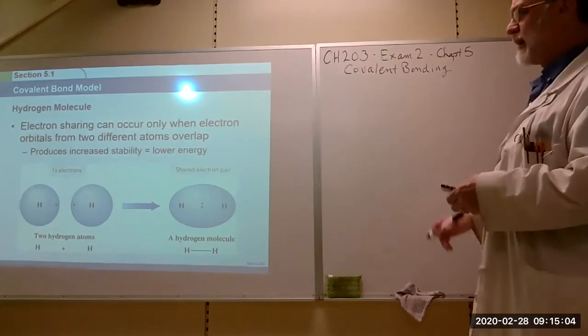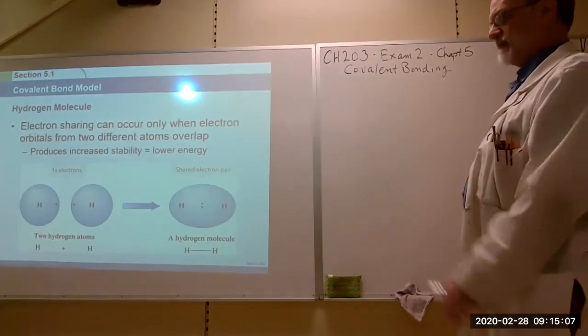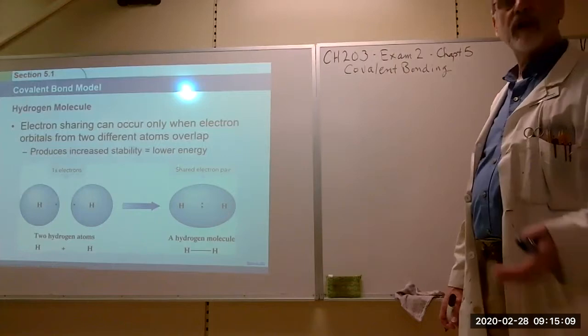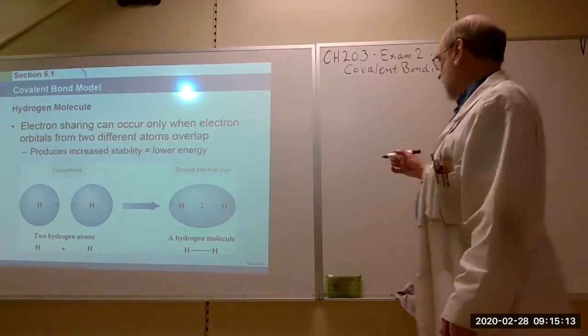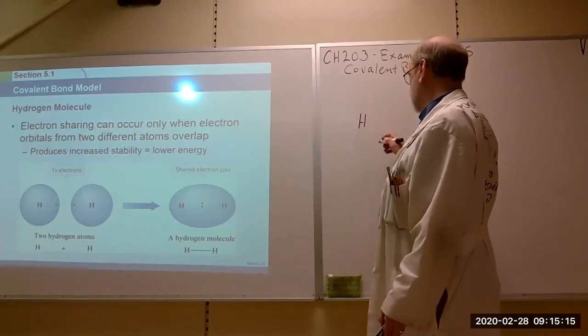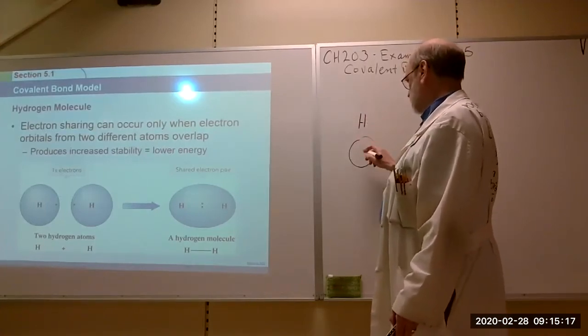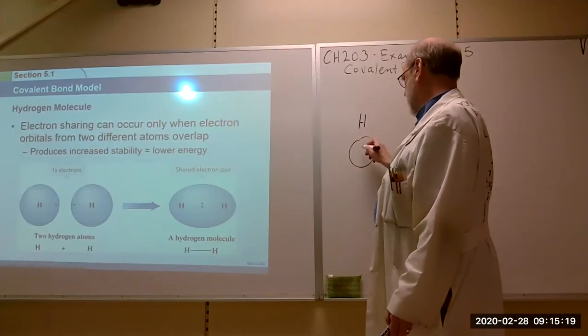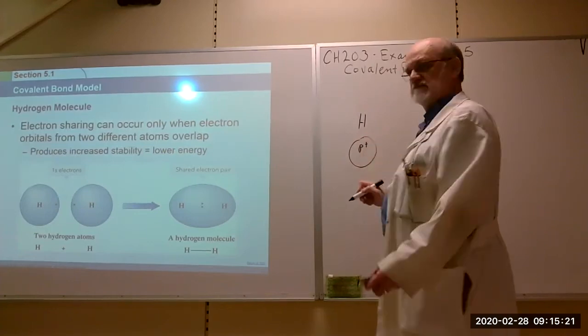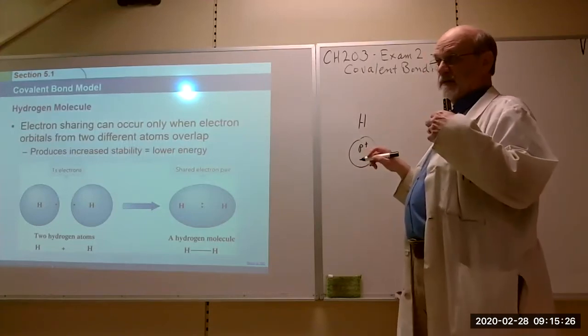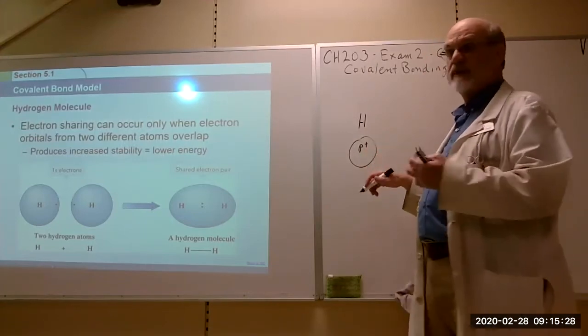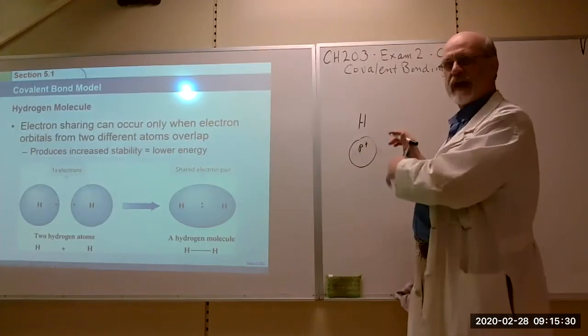All right, so here's an example of the simplest covalent molecule. Just two hydrogen atoms come together. And we know that hydrogen has one proton. Right? That's what makes it hydrogen. And the most abundant isotope has no neutrons. So we're going to focus on that one.